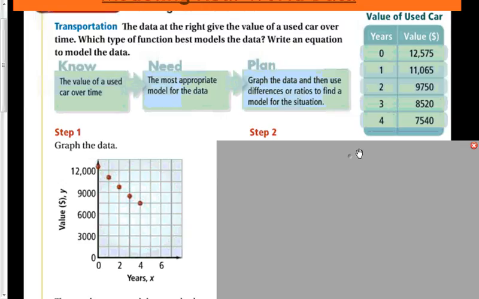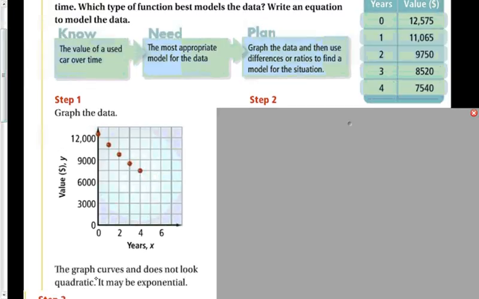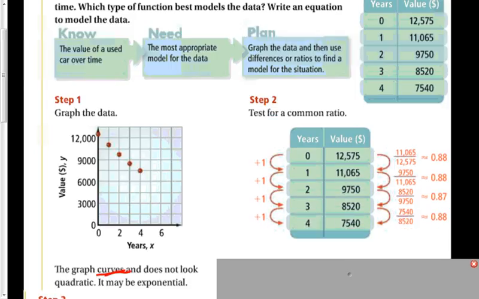Again, graphing it helps. This looks like it's close to linear, but not quite. It looks like there is a tiny slight curve. But it doesn't look quadratic, so maybe it's exponential. So let's look at the data. The first differences are definitely not the same every time, but it's a multiplication.